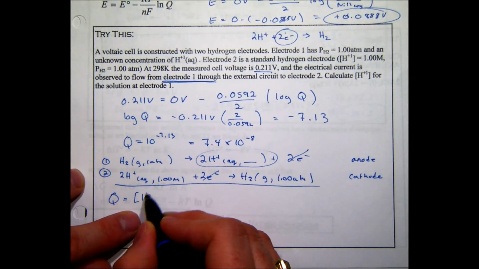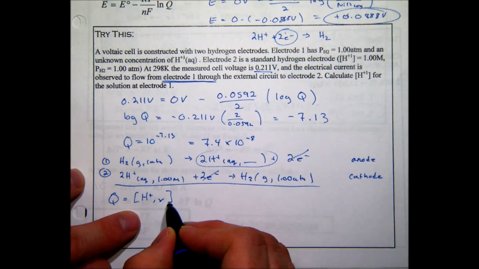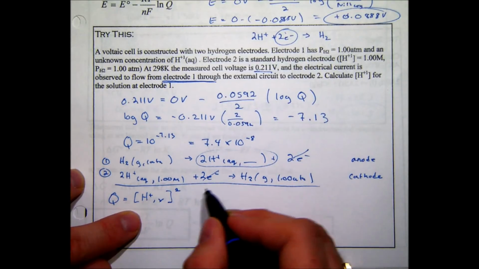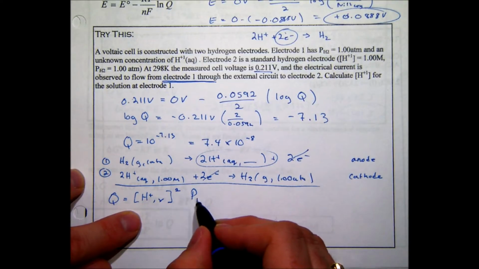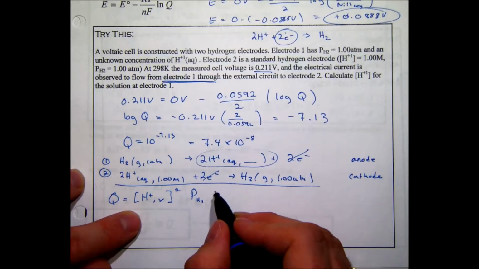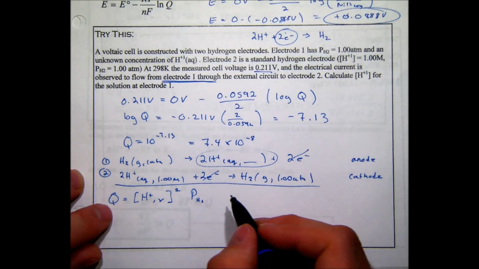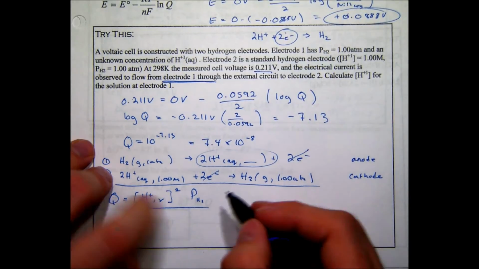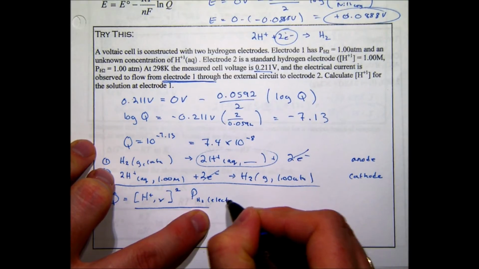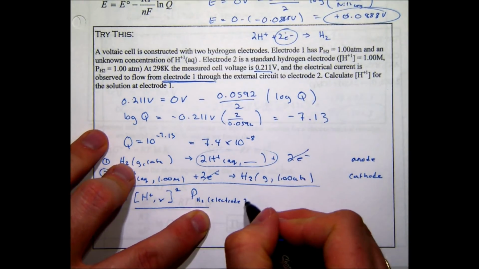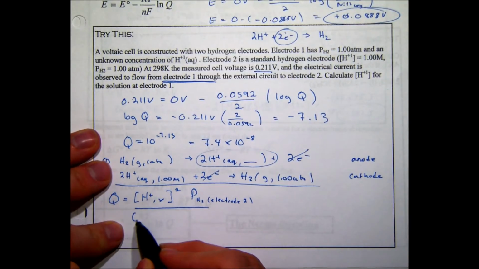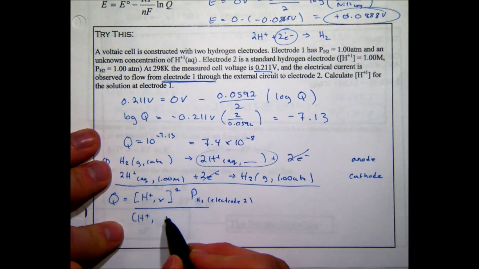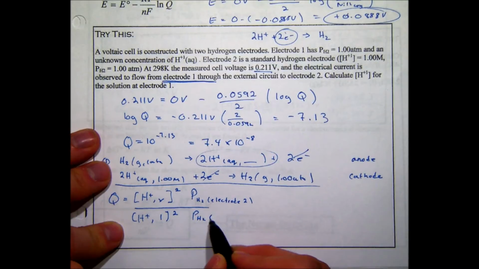So the concentration of H plus, I'm going to write x next to it, unknown, squared, times the partial pressure of H2, and this is for electrode 2, and this is H plus, the electrode 2 one, that 1 molar squared, the partial pressure of H2 for electrode 1.